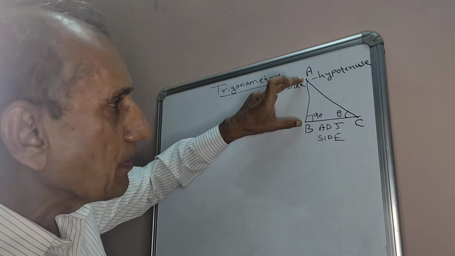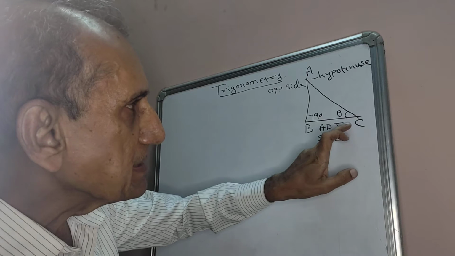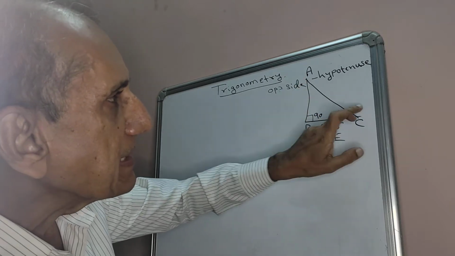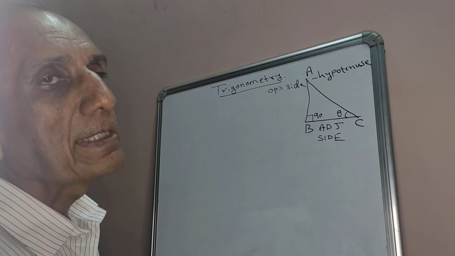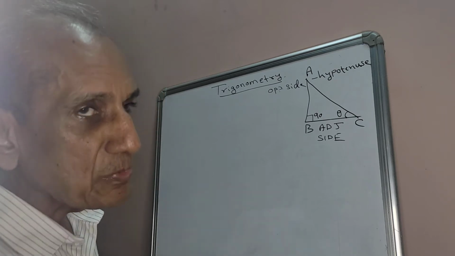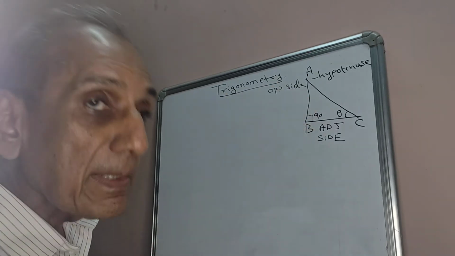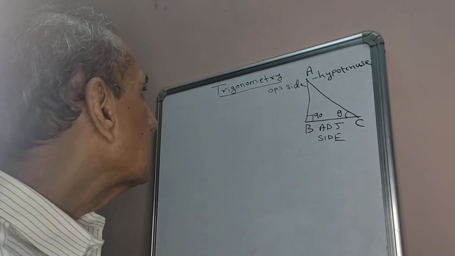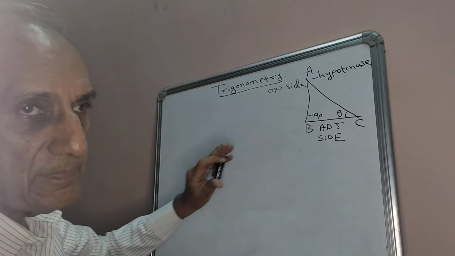This AB is called the opposite side. Adjacent to this theta is called the adjacent side. And this side AC is always called the hypotenuse. Okay, so far so good, correct? These are only the basics which you have already learned in your earlier classes. Now coming back to trigonometry.